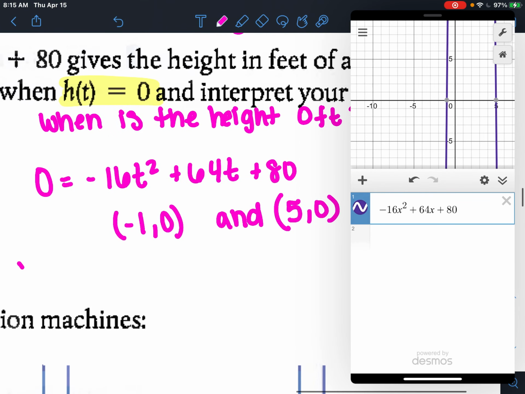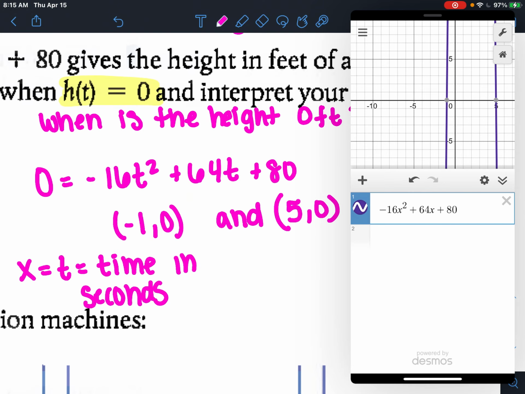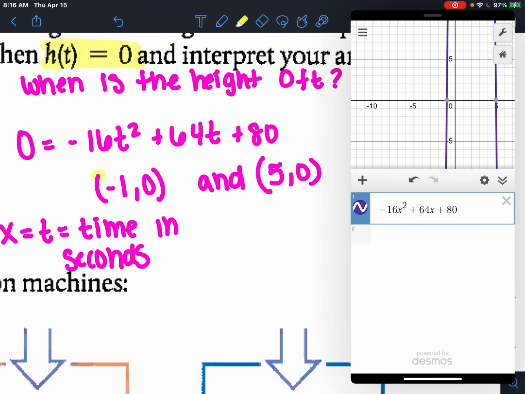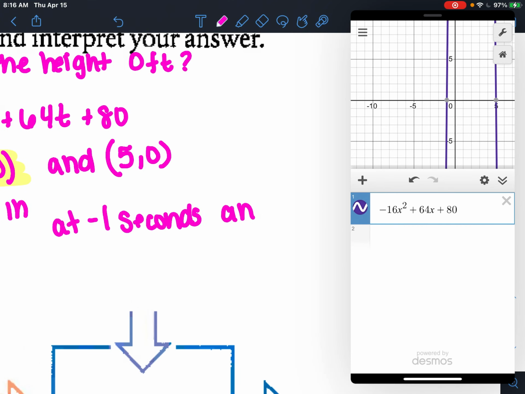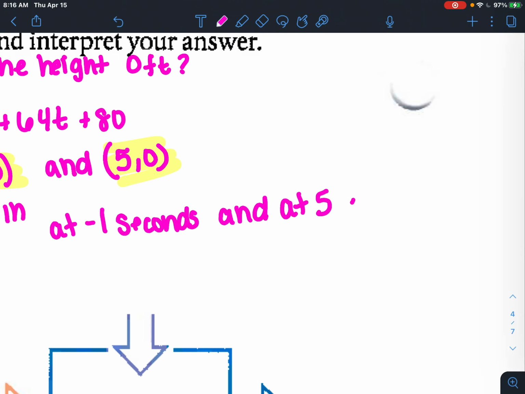So remember that x was the same thing as t, which equaled time in seconds. So for this first one, it's saying at -1 seconds, and this one is saying at 5 seconds.